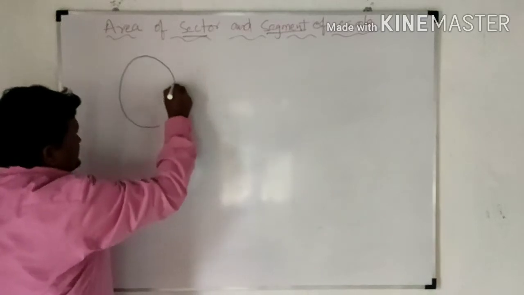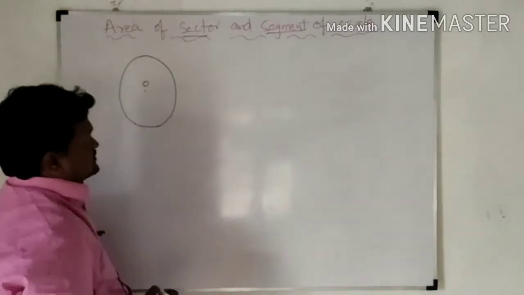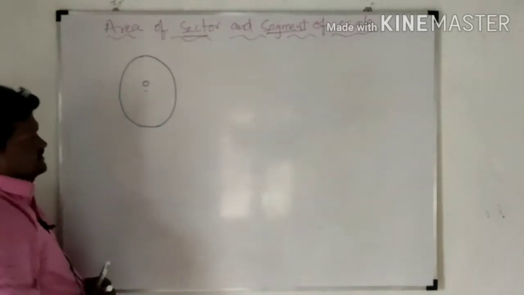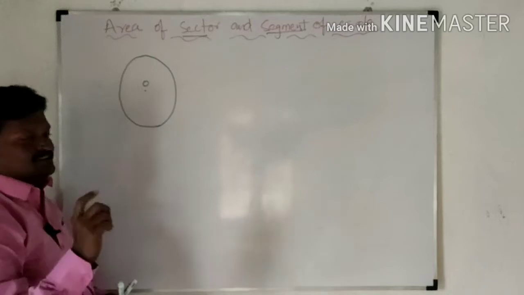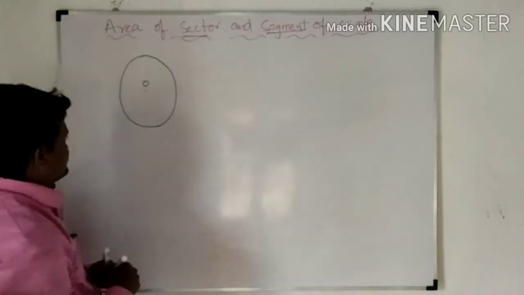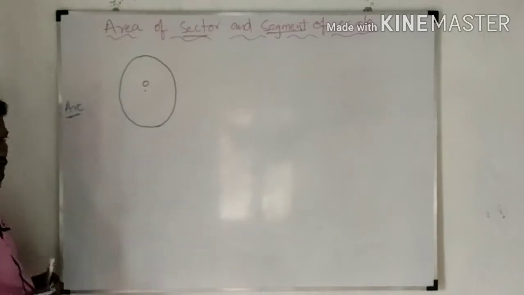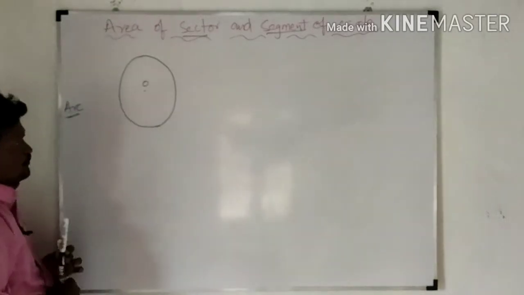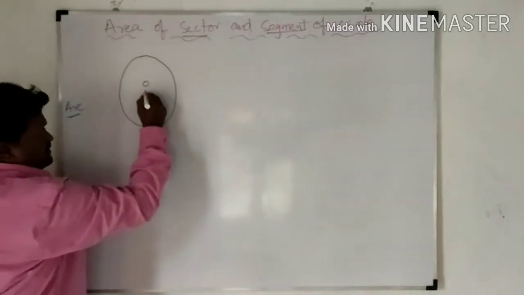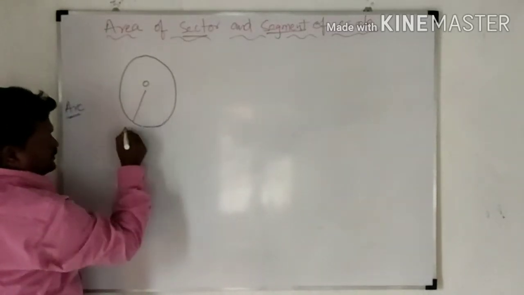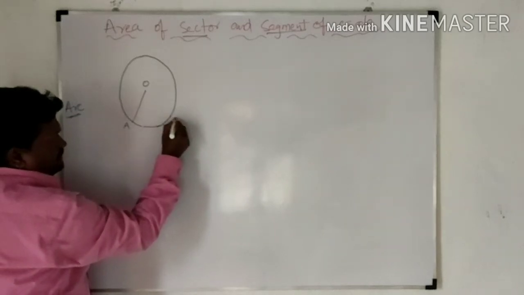if it is a circle with the center O, in this circle, the portion of boundary of a circle is nothing but an arc. Arc is very important. So, for example, this is the radius. If you take any 2 points, let it be A and B here.